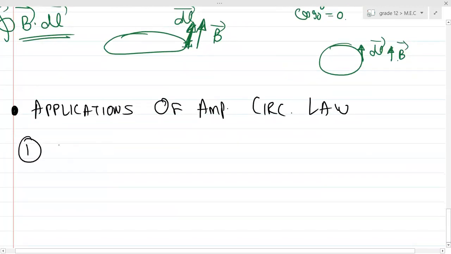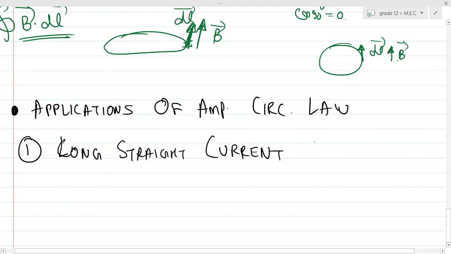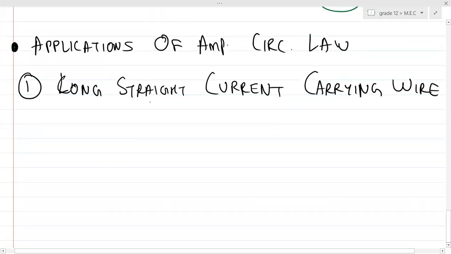First application, a long straight current carrying wire. Okay, a long straight current carrying wire.